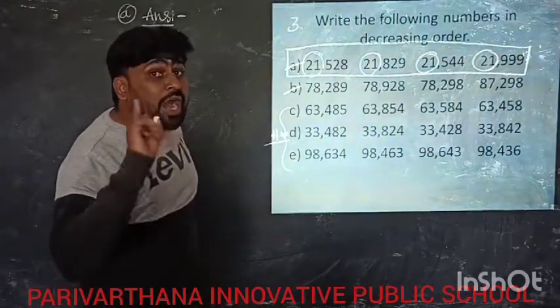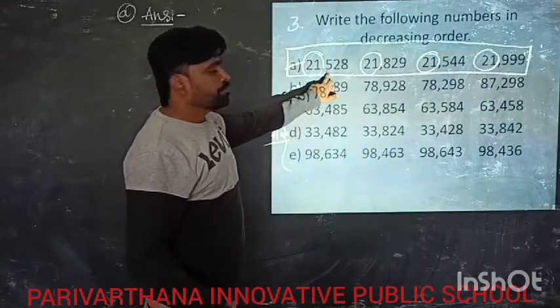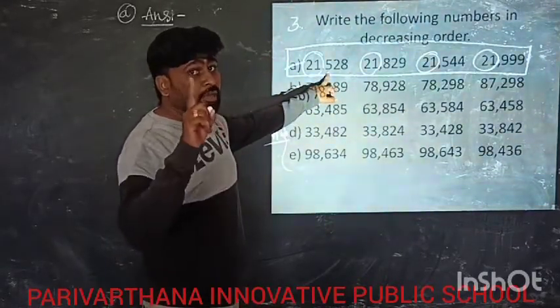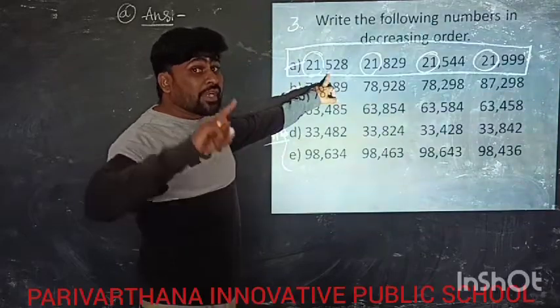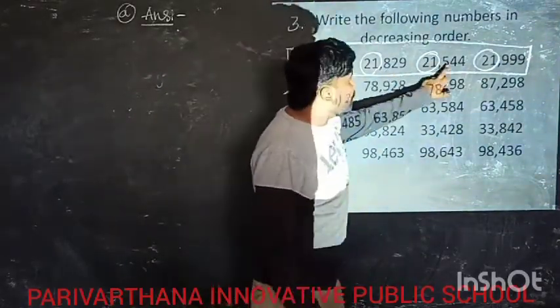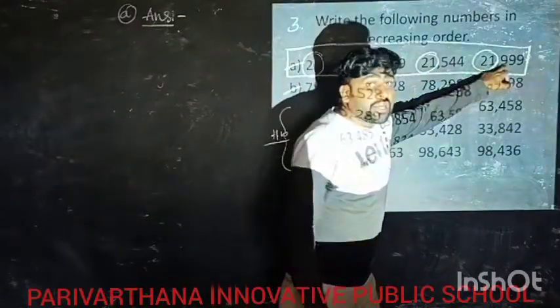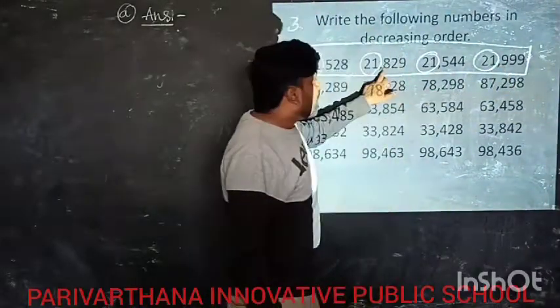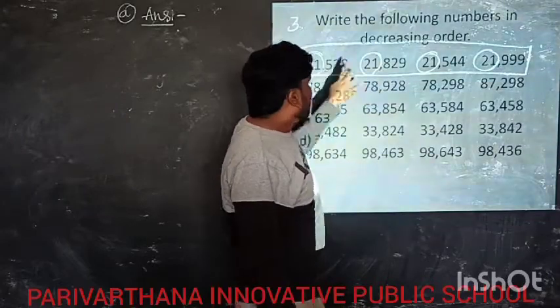Now come to 100 place. First we have to write the big number because we are arranging in decreasing order. It is 5. It is 8. Okay na? This is 5. This is 9. 9 is big. 9 afterwards 8. Here also 5. Here also 5.